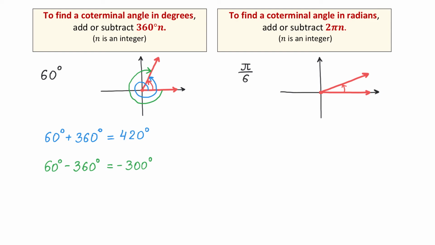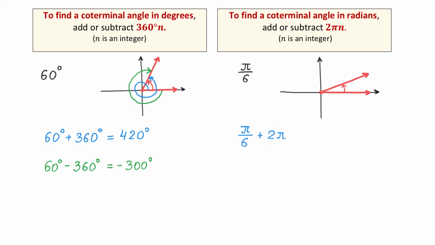If we would convert this angle to degrees, then it would be 30 degrees. In this example, we will also find a positive and a negative coterminal angle. To get a positive coterminal angle, we will start with pi over 6 and we will add 2 pi. And again, we can add this 2 pi as many times as we want.